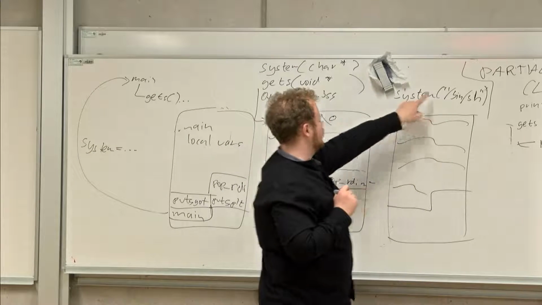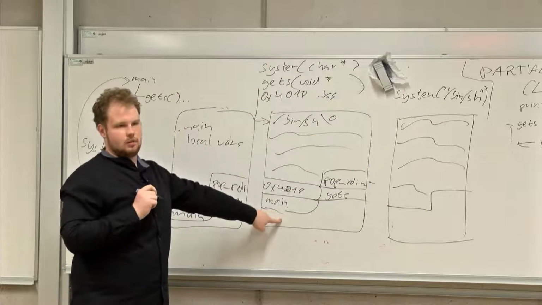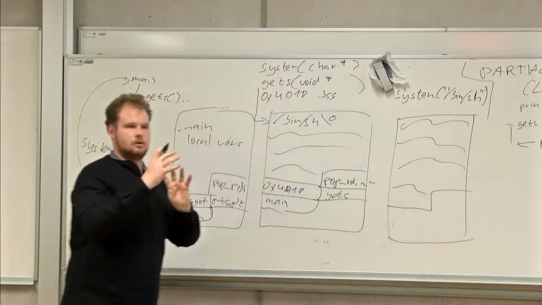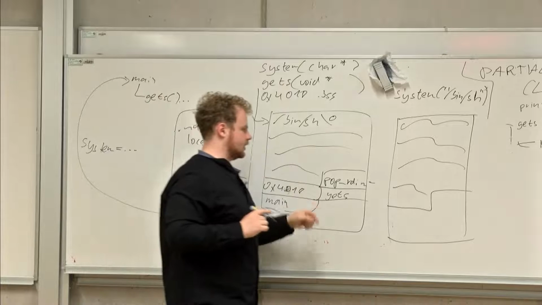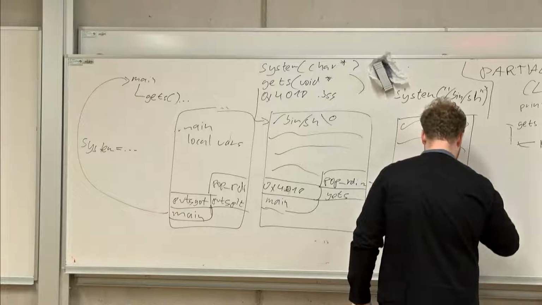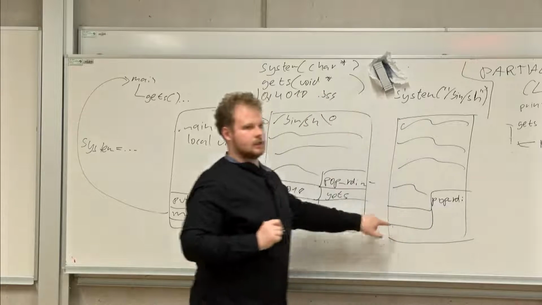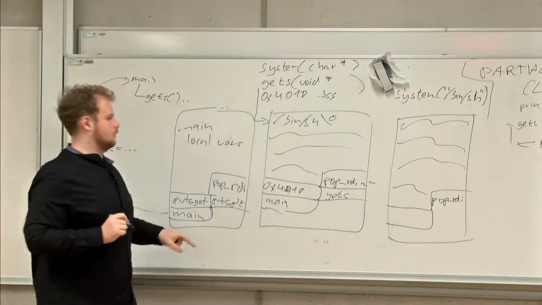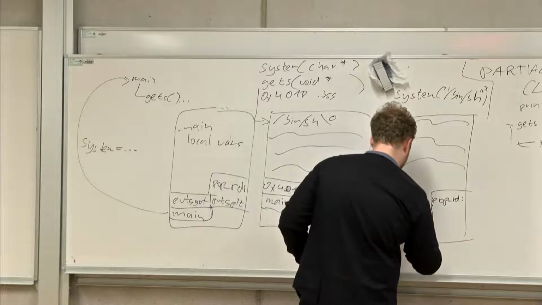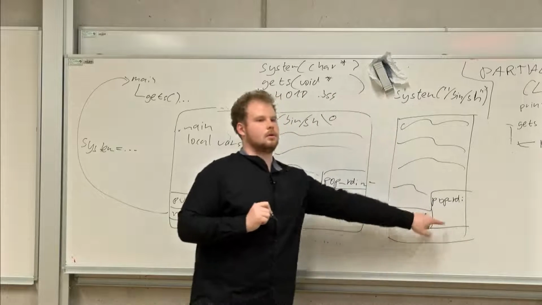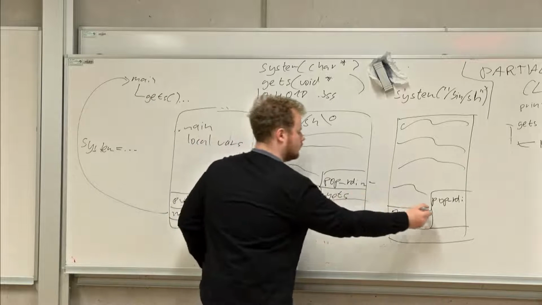Bin sh, we know the address to because we've written it in the memory. So now we just have to piece things together. It's the same as here. So we start with pop. Okay. What's next? Exactly. What's here? System.